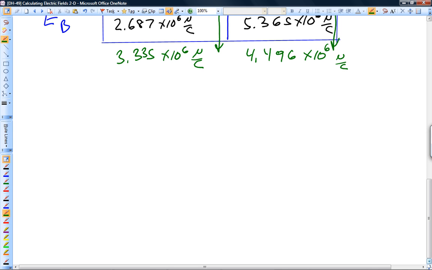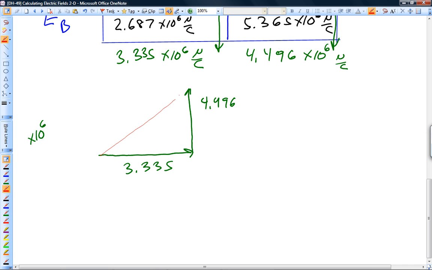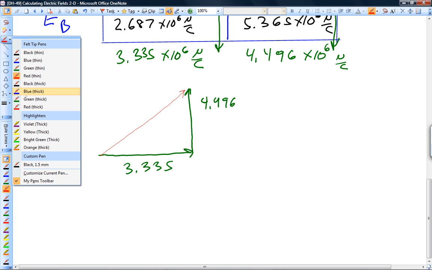Then again, like any other vector problem, I like to sketch what it's going to look like. So this side is going to be 3.335, don't forget, times 10 to the 6th. The y is going to be 4.496. The resultant, the net electric field vector, is going to be diagonal like this.